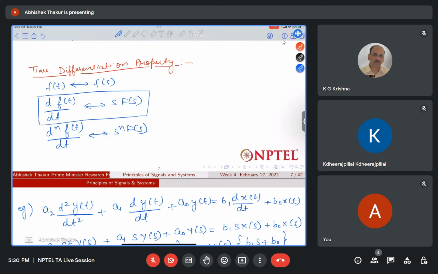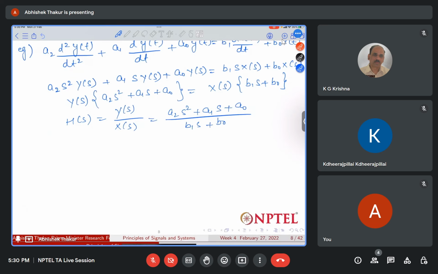But when the signal is having unilateral transform, like when we find the Laplace transform, we write f(t) e to the power minus st dt. If it is from minus infinity to infinity, this is the bilateral Laplace transform. But when it is from 0 minus to infinity or 0 to infinity, it will be the unilateral transform. This means the transform is for one side of the axis only.